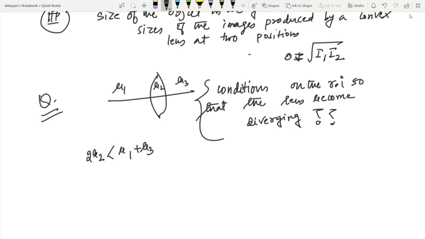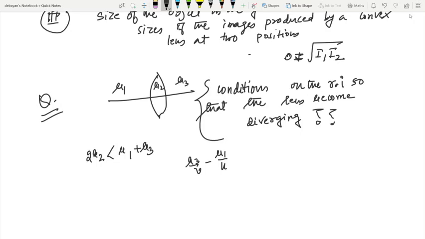The thing is that mu3 by v minus mu1 by u is less than mu2 minus mu1 by r1 plus mu3 minus mu2 by r2, and from that mu3 by v, with u being infinity, gives mu2 minus mu1 by r plus mu3 minus mu2 by minus r.